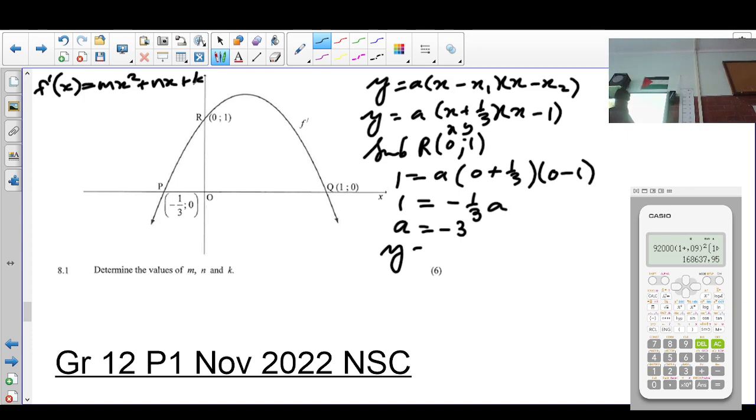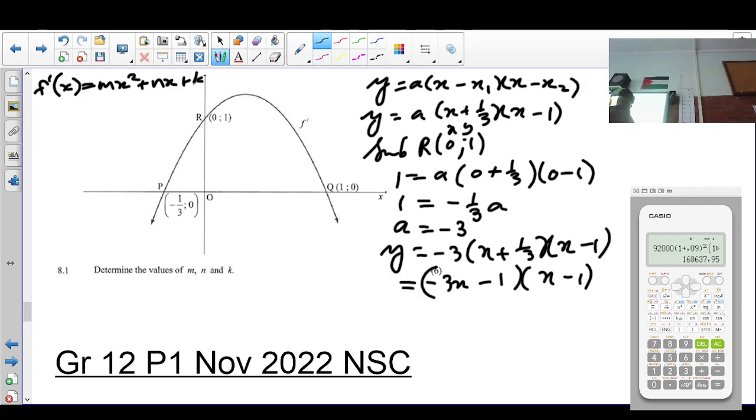So my equation now is y is equal to -3 into x plus a third, x minus 1. Multiply that negative 3 in with the third to get rid of that fraction, and you get negative 3x minus 1 times x minus 1. It then gives me negative 3x squared plus 3x minus 2x, minus x is going to give you plus 2x, plus 1.